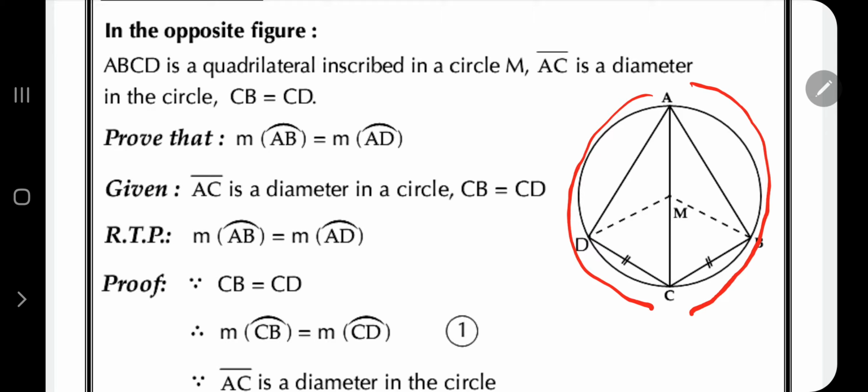After that, since BC equals CD, that means measure of arc BC equals measure of arc CD. By subtraction, I will get measure of arc AB equals measure of arc AD. That means AB equals AD as an arc.